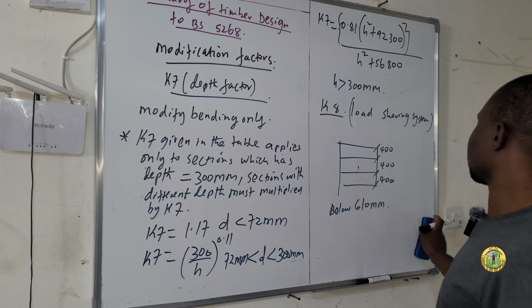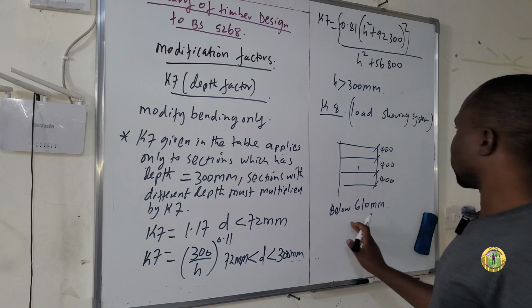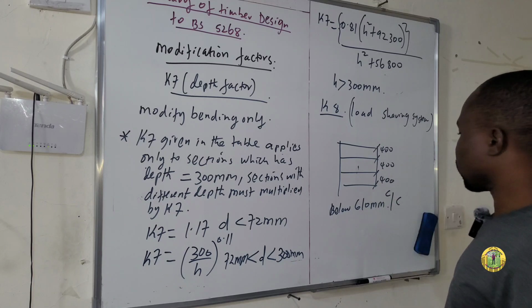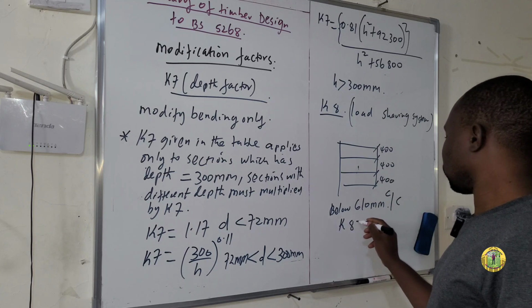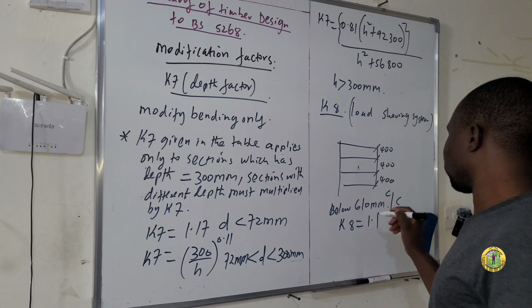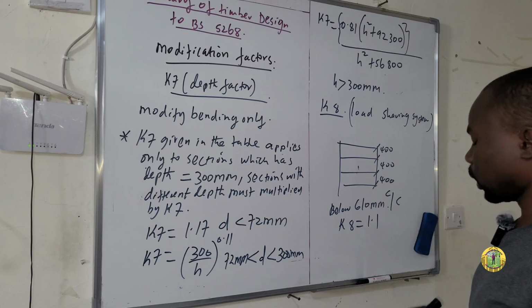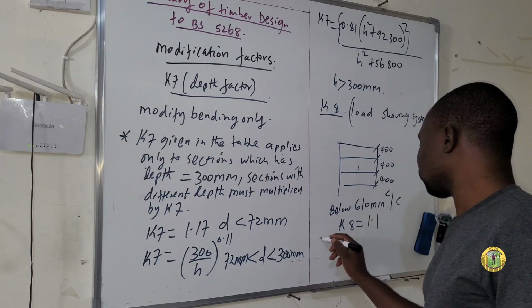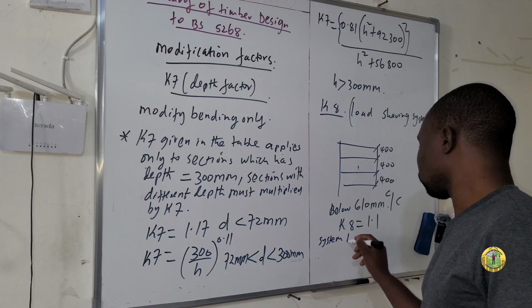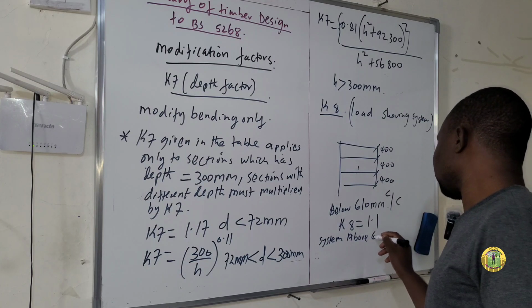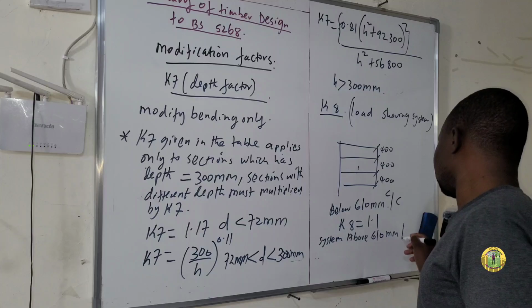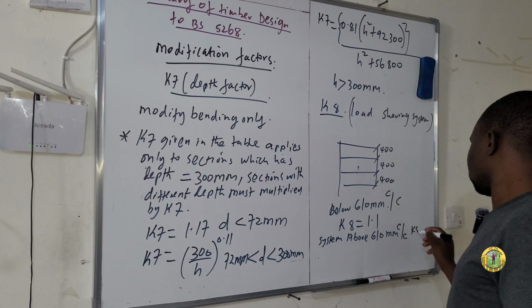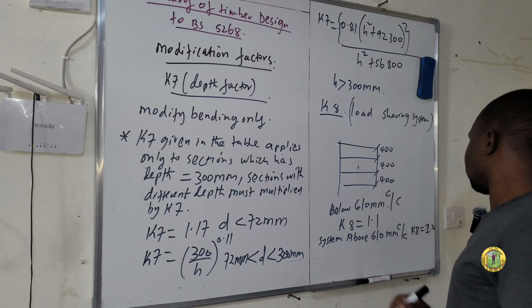So for the systems which are below 610 millimeter center to center, K8 is equal to 1.1. And for all systems above 610 millimeter center to center, K8 is equal to 1.0.